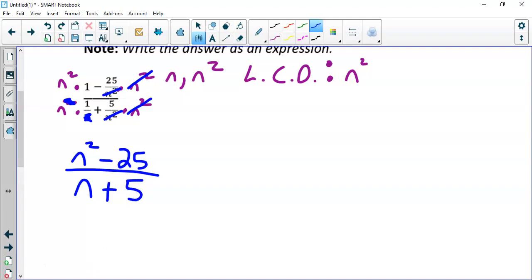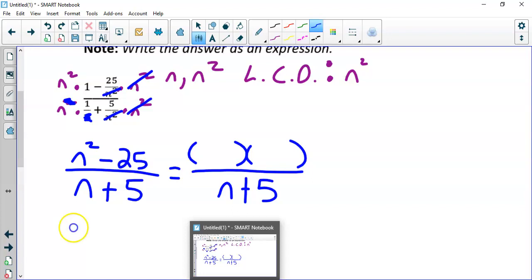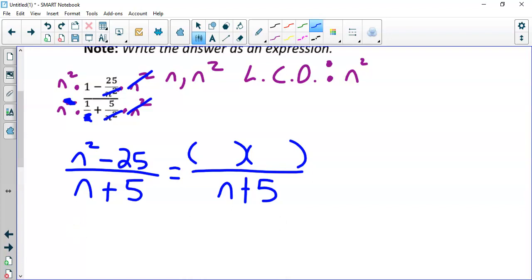All we do now is simplify this thing, like what you guys did in chapter 4.1. All we got to do is simplify, which means make sure everybody's factored and then cross off what goes away. Just so you know, the bottom will not factor. It's only the numerator. So what does that numerator factor to?